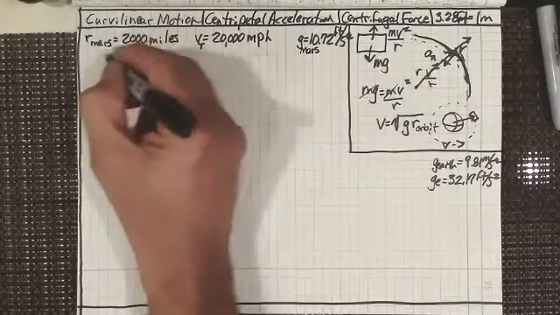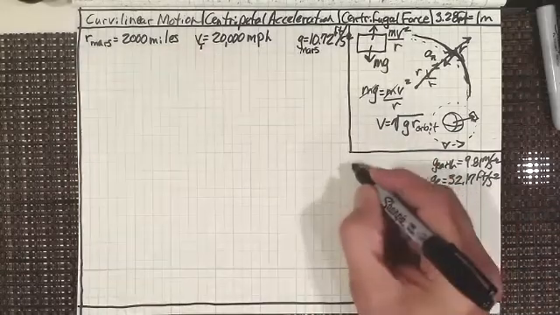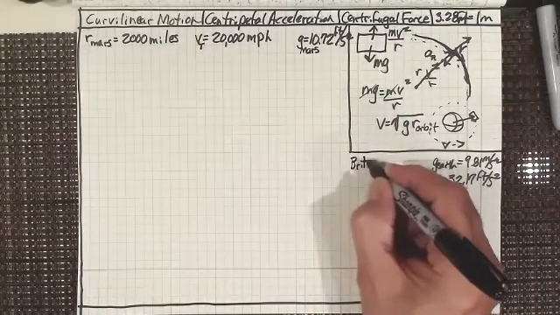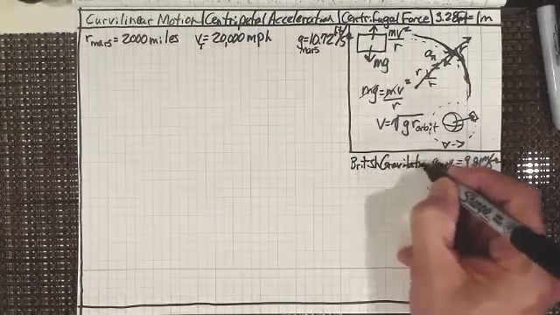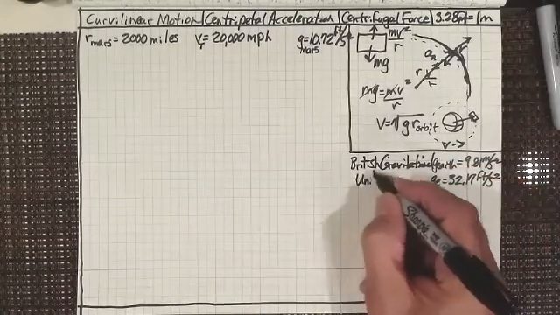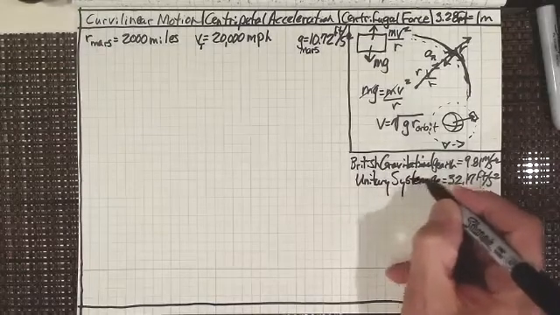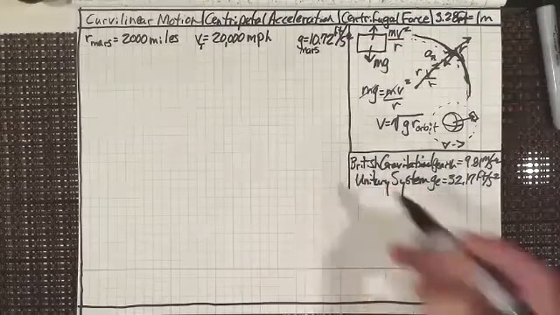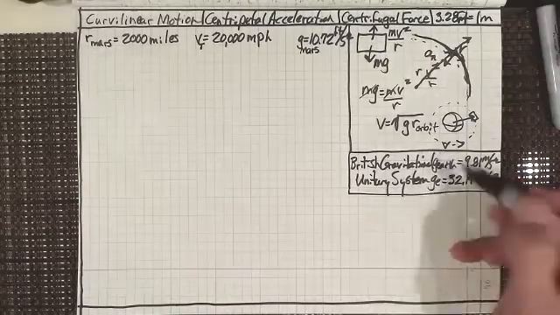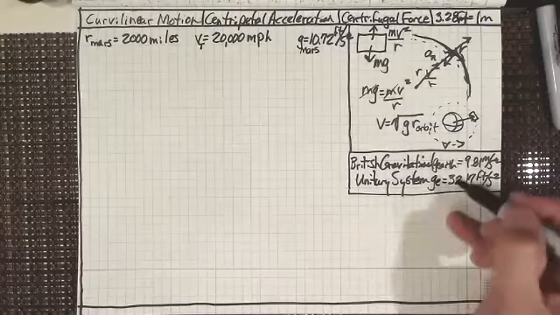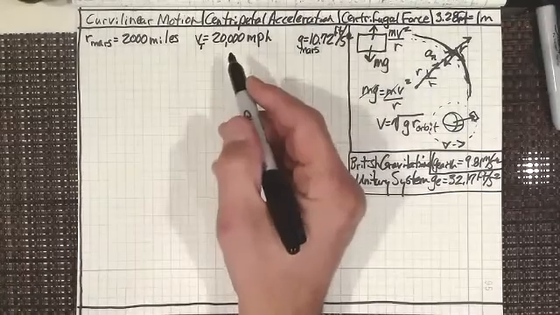So first of all, let's look at the 2,000 miles. I'm going to actually do this in the British gravitational unitary system. A little experience with working in that, and really that, of course, is the 32 point.